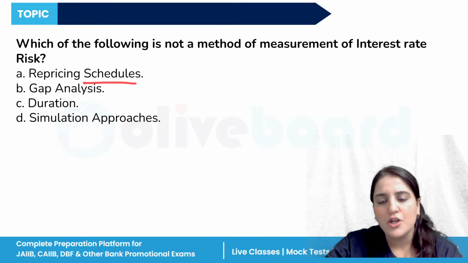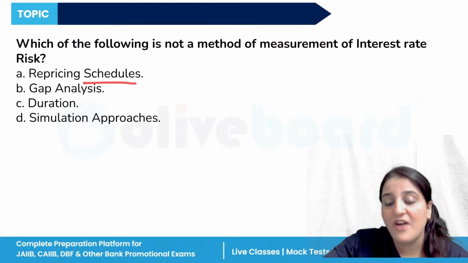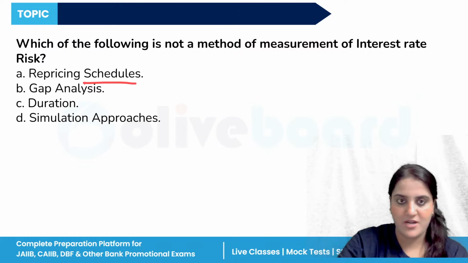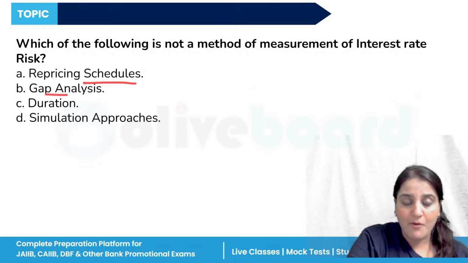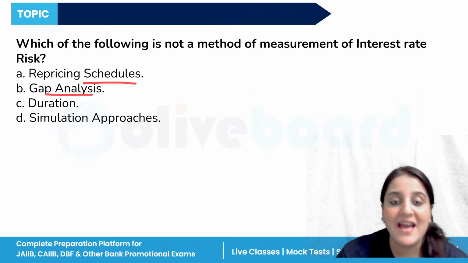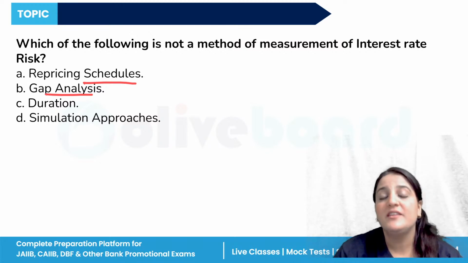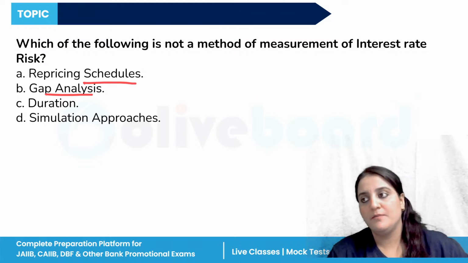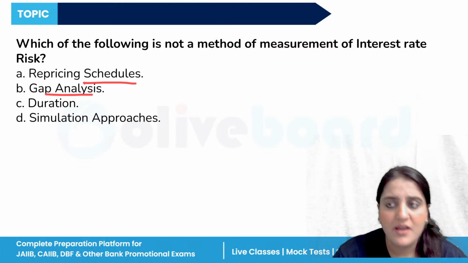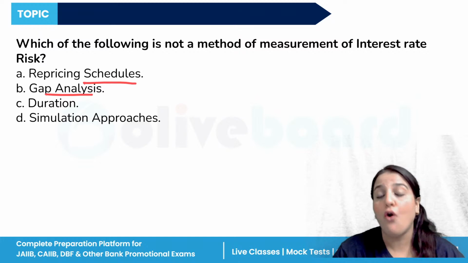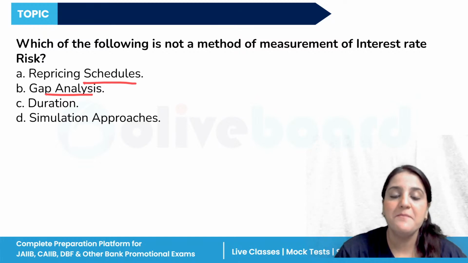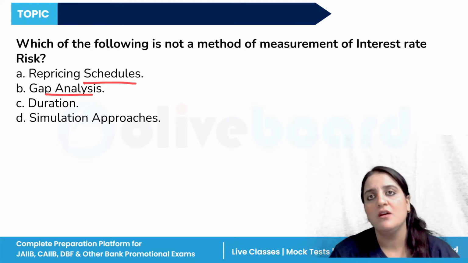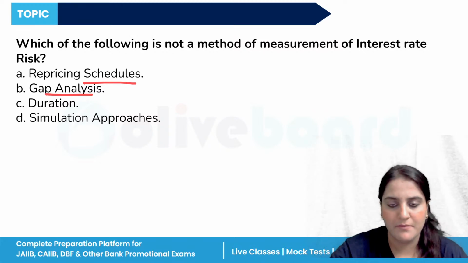It is used to assess how sensitive a financial institution's portfolio is to changes in the interest rate over time. Gap analysis is used to measure the difference between the amount of assets and liabilities when they mature within specific time periods. It also helps in assessing the impact of interest rate changes on a financial institution's net interest income.